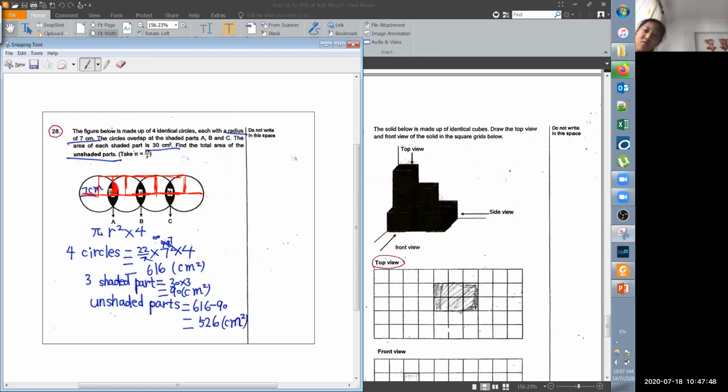How do you find out this part? Which part? Yeah, the one in red. And this. Or the one in blue. Because once you can find out the one in blue, you just times 4, right?